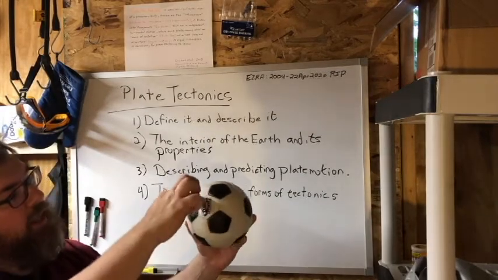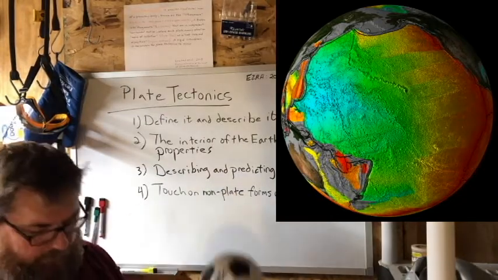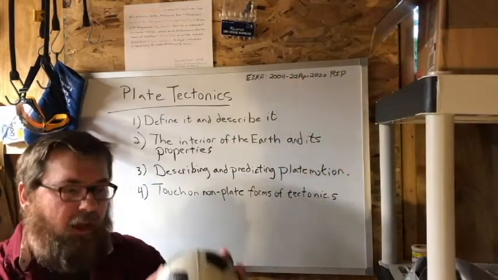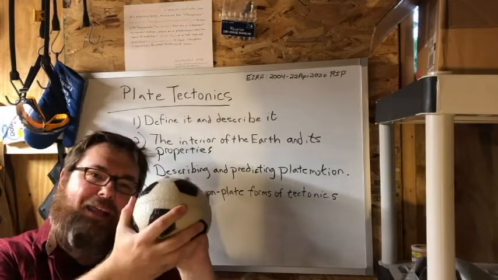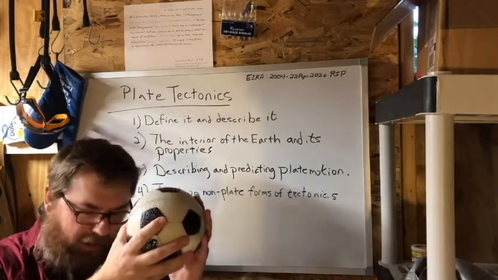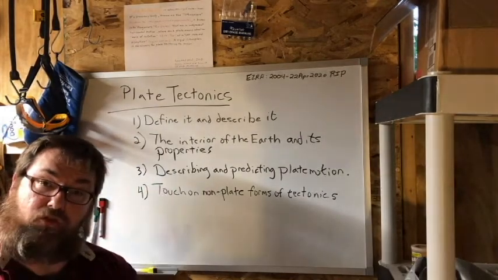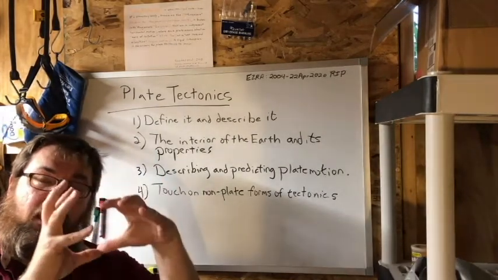But I mean, we look at the Pacific plate, and it kind of looks like an assemblage of some of these shapes. So we do kind of have those shapes. So the surface of the rigid body has to be divided into plates. It doesn't have to be hexagons and pentagons. So in plate tectonics, you have to have that rigid outer shell, and it has to be broken into plates.